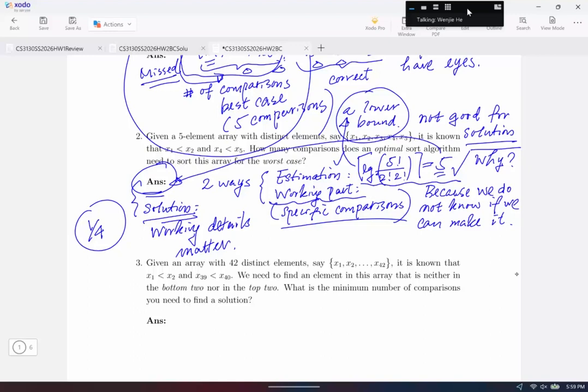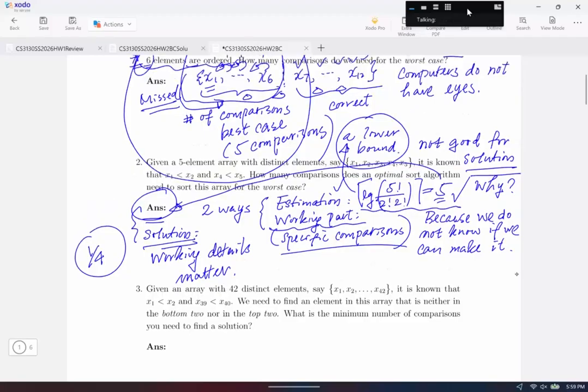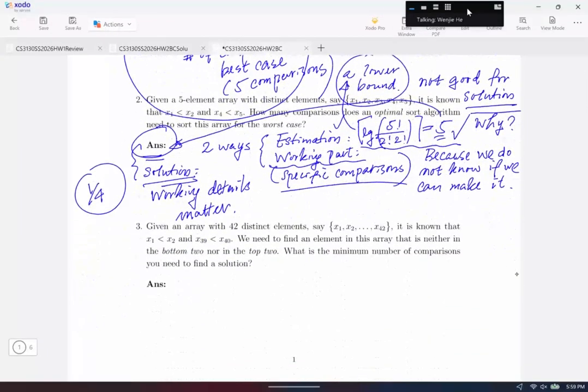But this question is actually not too hard. The correct way to do it is like this. These two questions are similar. For question number 2, related to our existing question, I did it in class: sort a 5-element array in 7 comparisons.